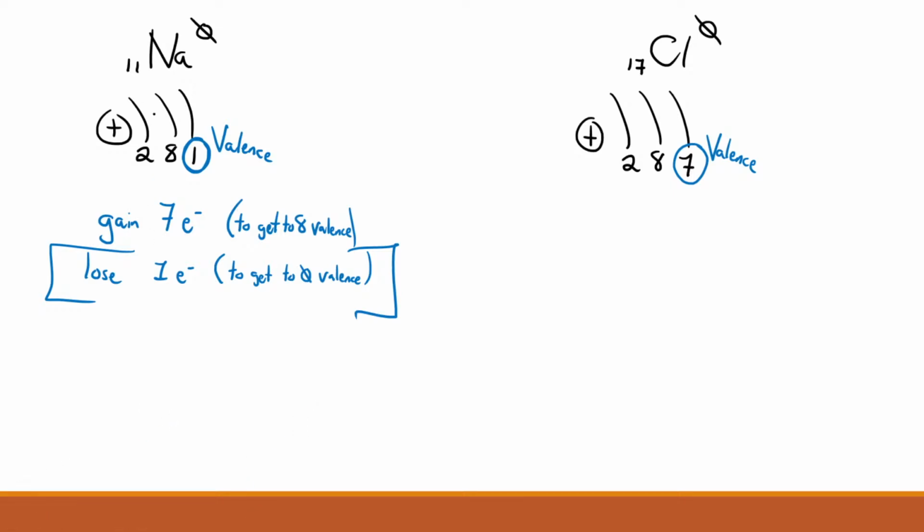And when we want to then draw that sodium ion, instead of 2, 8, 1, we are now going to have 2, 8, 0, or just 2, 8.